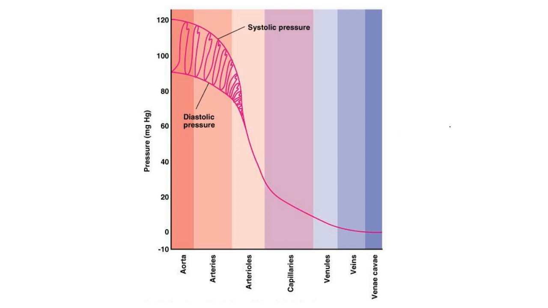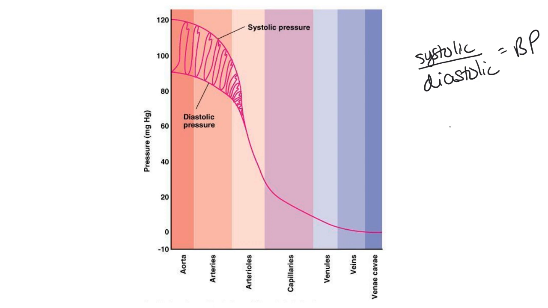So blood pressure is written as a fraction, and it is our systolic pressure over our diastolic pressure. And so that is going to give you your blood pressure. So systolic pressure, remember, systole was when the ventricle was contracting.